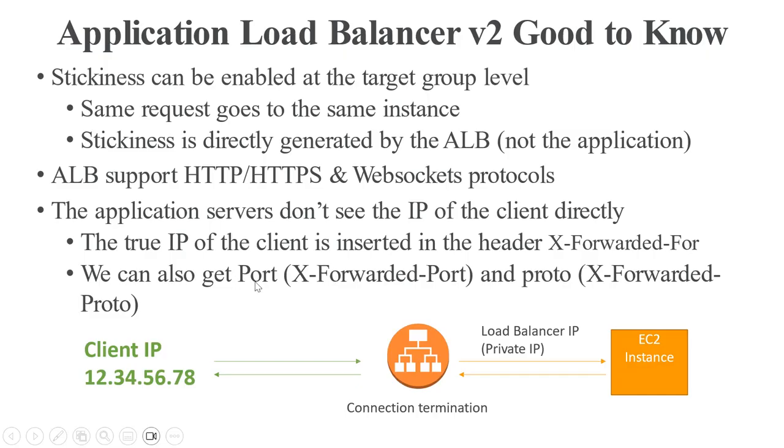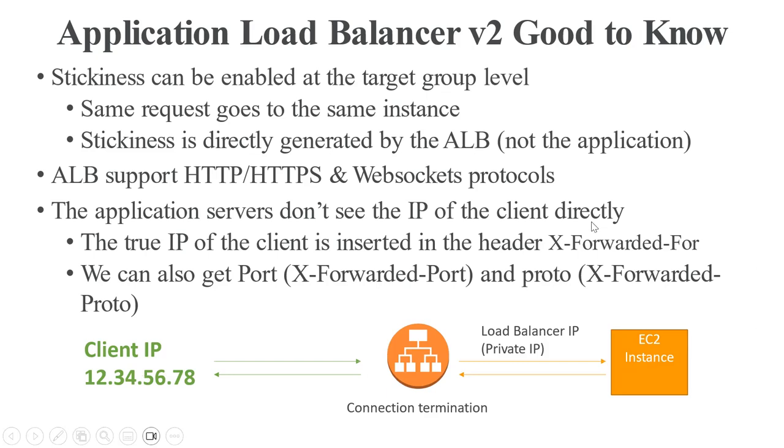We can get the port also with X-Forwarded-Port, and the protocol with X-Forwarded-Proto. So there are header fields provided by the load balancer to understand the client request at the application level: protocol, port number, and IP address of the client.